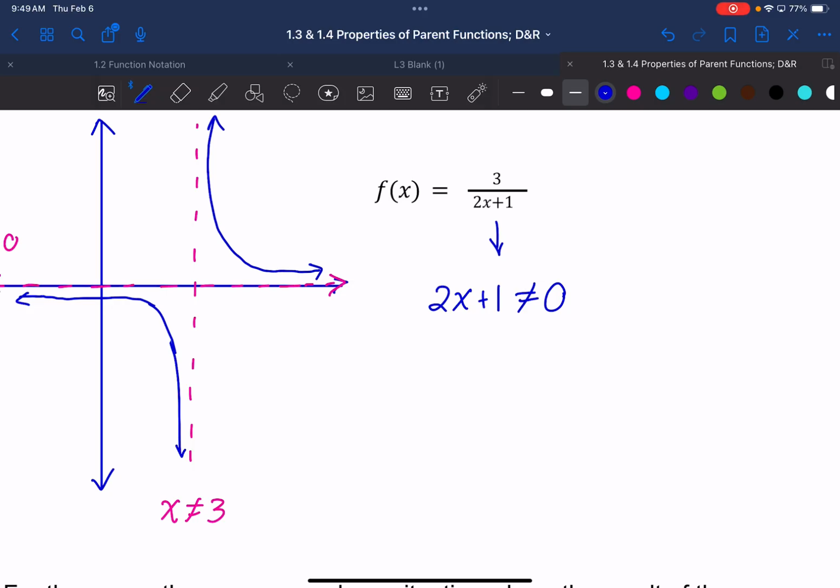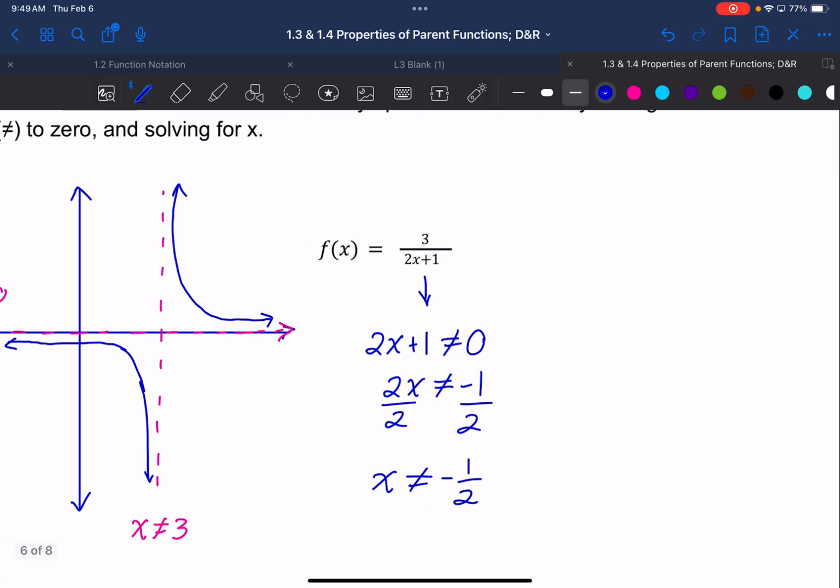The 1, I agree. So 2x can't be equal to -1. And then if I want x by itself, I gotta divide by 2. So x cannot be -1/2, which checks out, because 2 times -1/2 makes -1, and -1 plus 1 is 0. So it's undefined there.